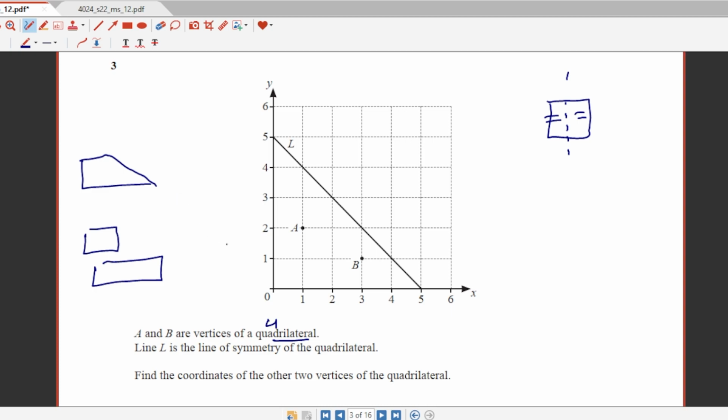The line L is the line of symmetry, which means this is a central line. This is a line of reflection. So the point opposite to B should be directly opposite to B, and the other point directly opposite to A, perpendicular and at equal distance. A, B, C and D. These 4 points are the vertices of the quadrilateral. Now we can join these points to obtain the figure.